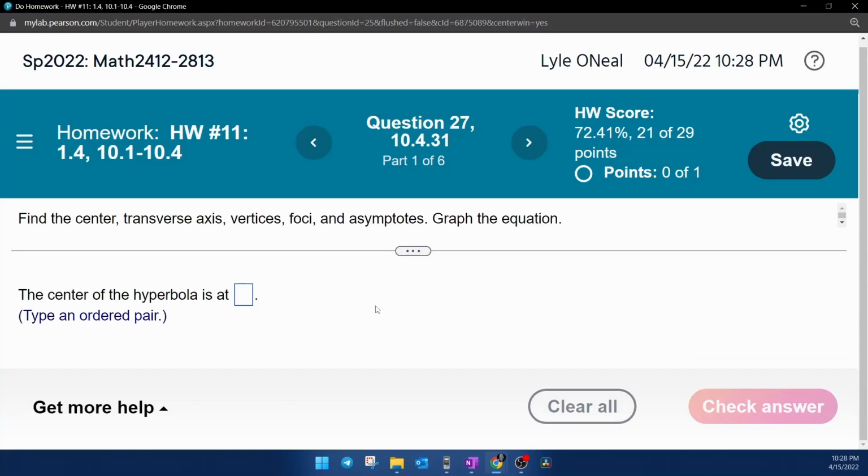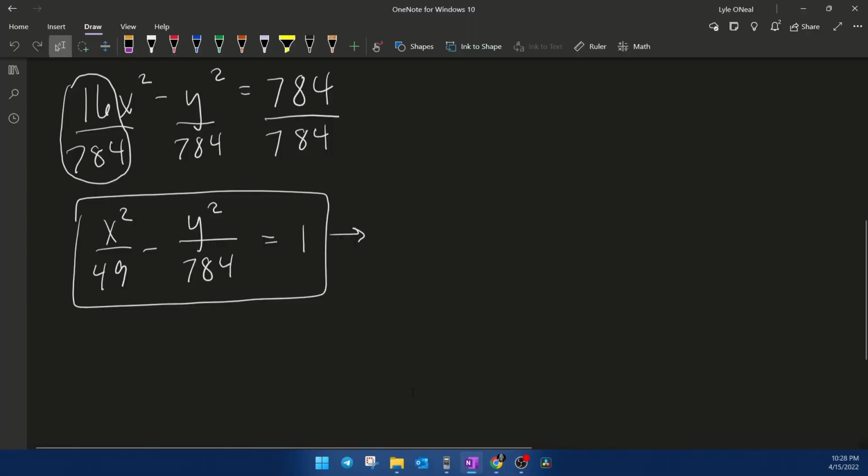Now, if we go back to our MyLab Math and look at what they want first, they want the center of the hyperbola. Now, the center is the ordered pair h comma k, and we can see that in the numerators we have simply x squared and y squared.